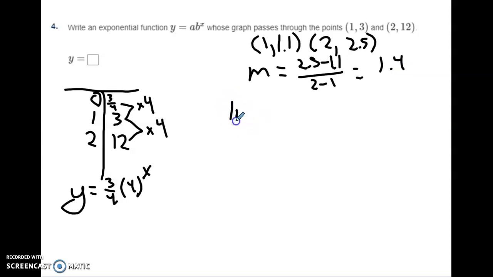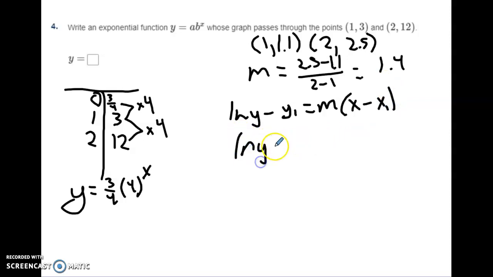It says the natural log of y minus the y value, y1, is equal to the slope times x minus the x value, so x minus 1. So natural log of y, we don't know that yet.